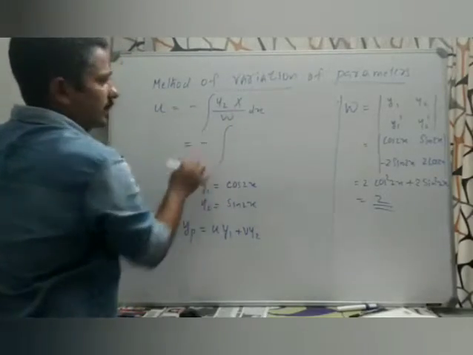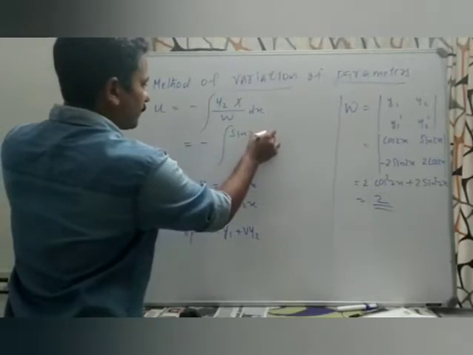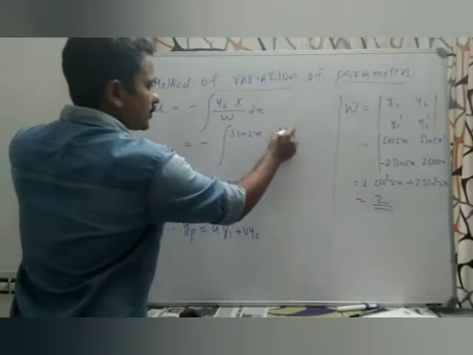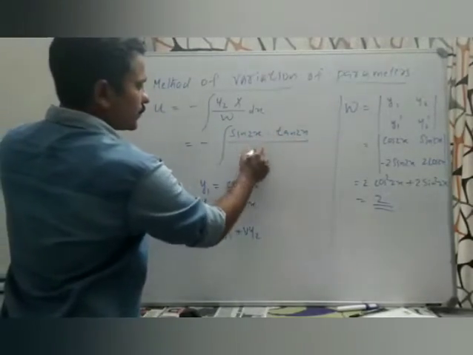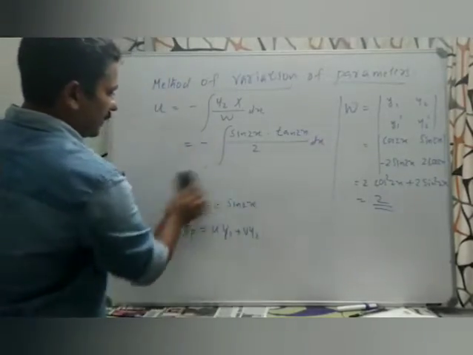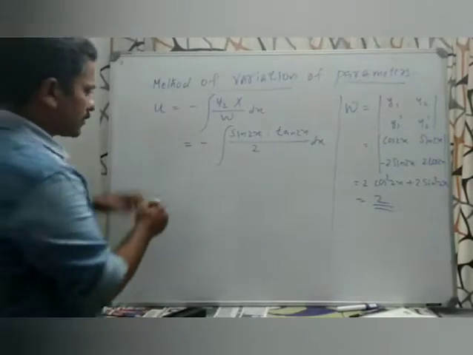That is negative integral y2. Here y2 is sin 2x. x is the function on the right side, that is tan 2x, over w. w is 2, dx. Okay, and we are supposed to integrate this. Now it's an integration process.